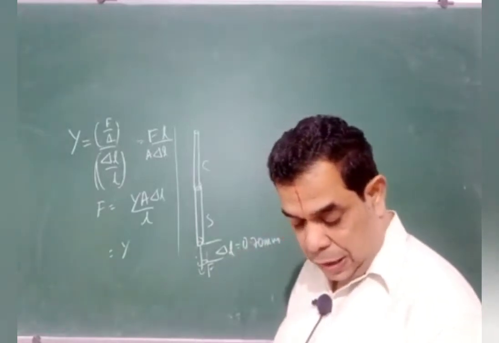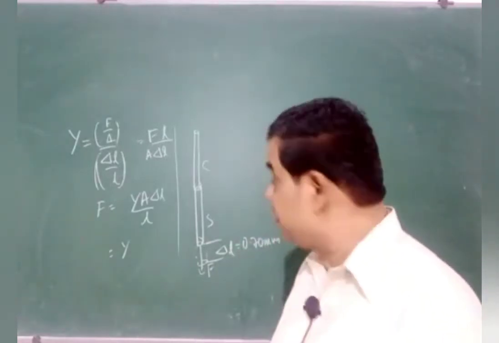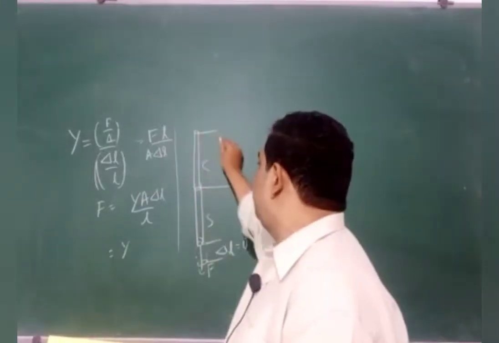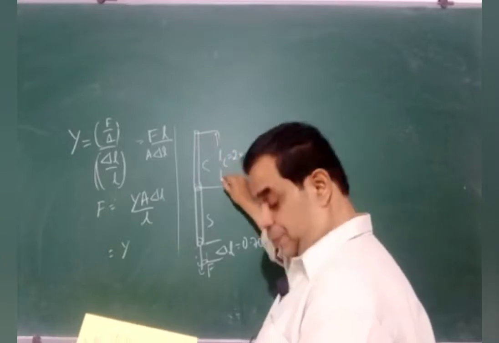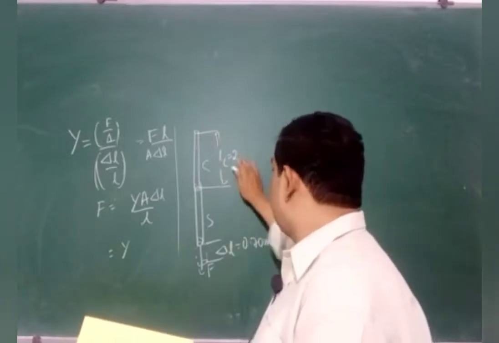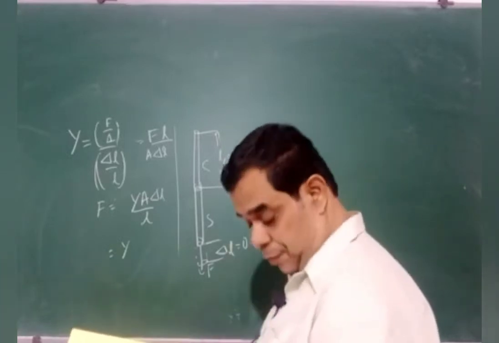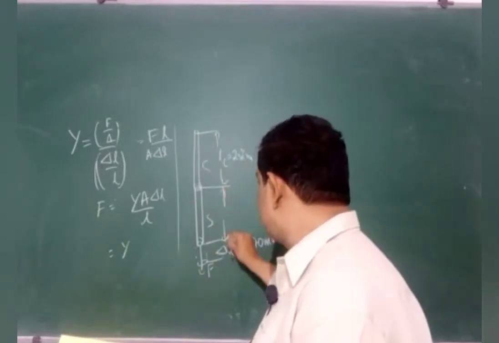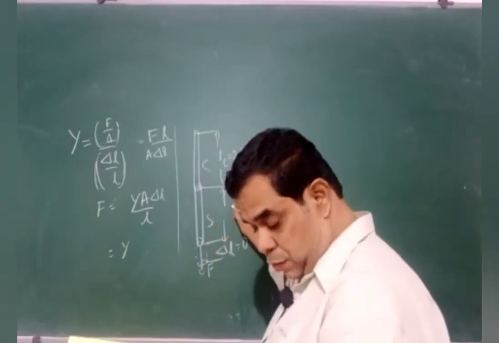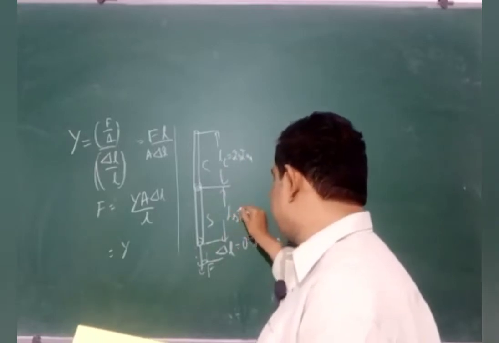And then length of copper wire, if you take this as copper, we write all the data here. LC is 2.2 meter. And length of steel wire is 1.6 meter. I call it LS.